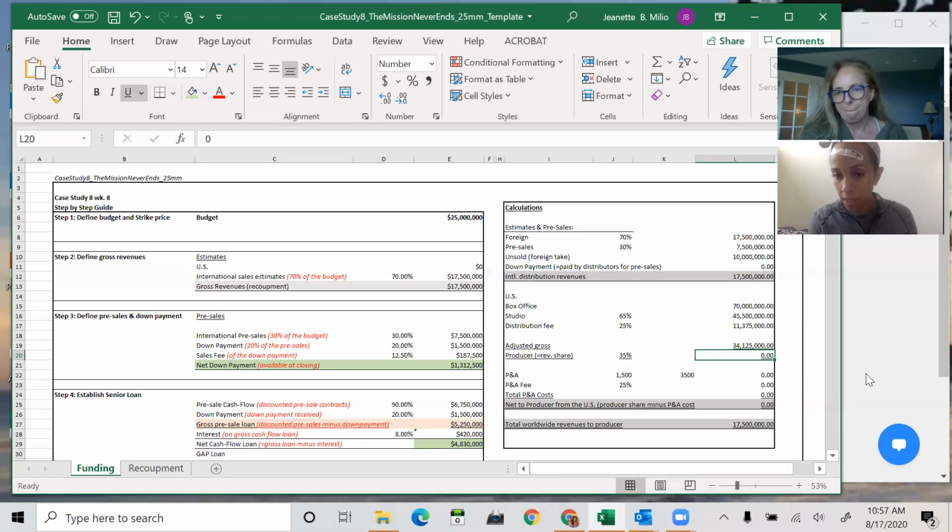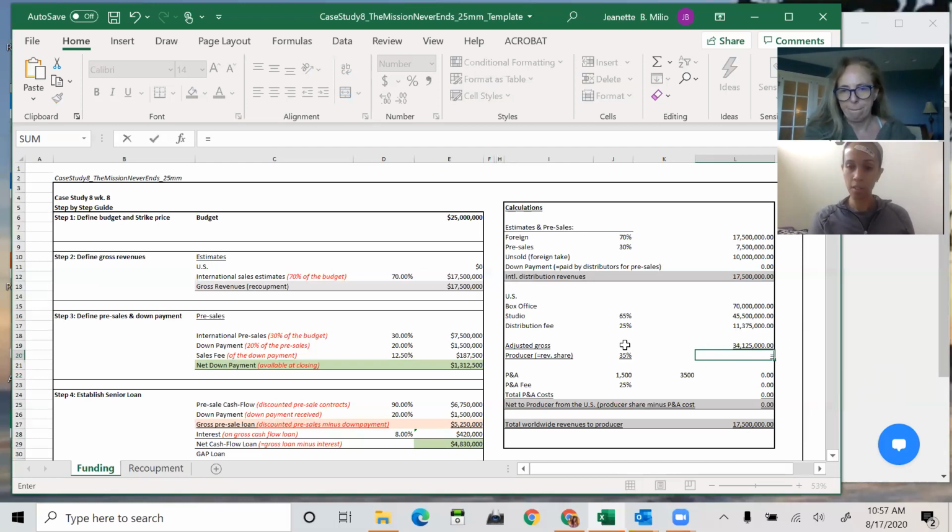Okay, so that's 34% of 11,375,000. Hold on, why 11,375,000? Hold on. So they get 35% of the box office revenues after distribution fees. So if the distribution fee was the 11,375,000, what is the adjusted gross after that? 34,125,000?